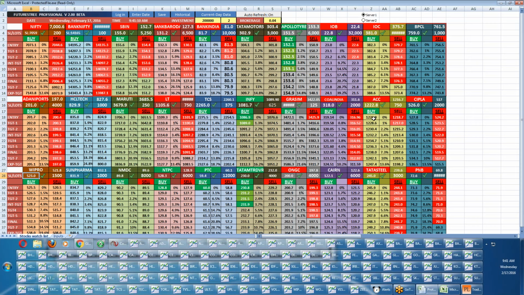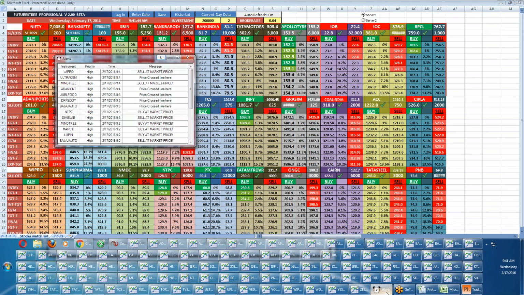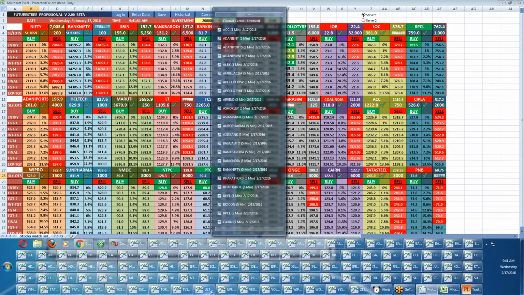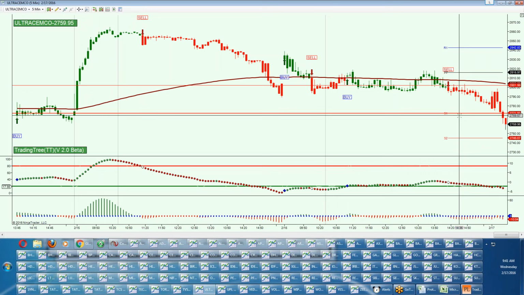So ACC, we had a buy. It has hit its stop loss. That's roughly around 4 rupees loss in ACC. But now you have a sell call. So we had drawn the S1 here.